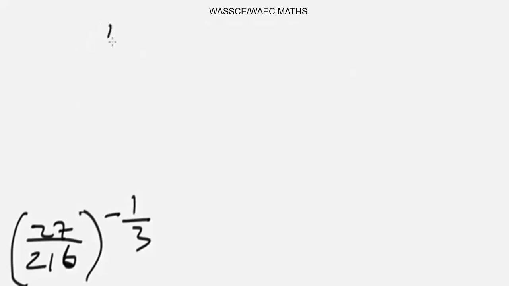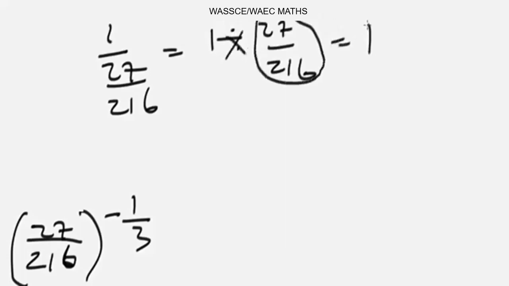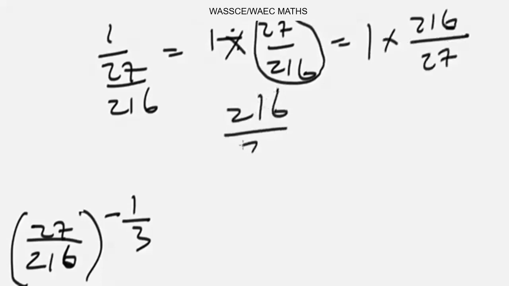It is the same as 1 over 27 over 216, which is 1 divided by 27 over 216. Changing this to multiplication, you invert what you have here, so it is 1 times 216 over 27, which is 216 over 27.